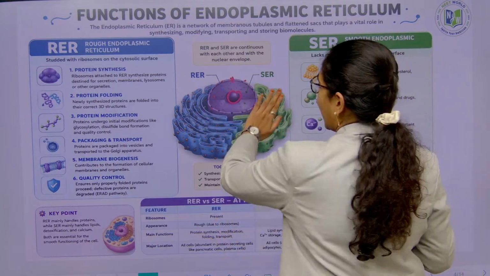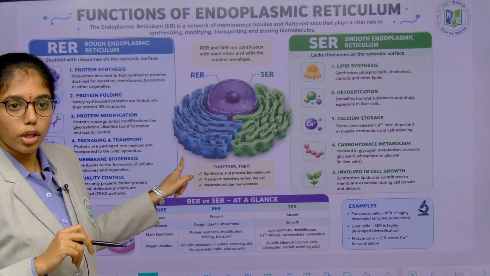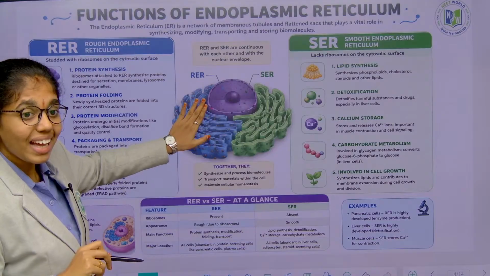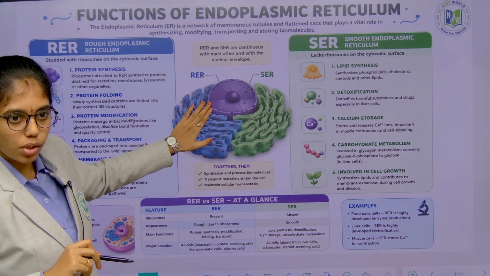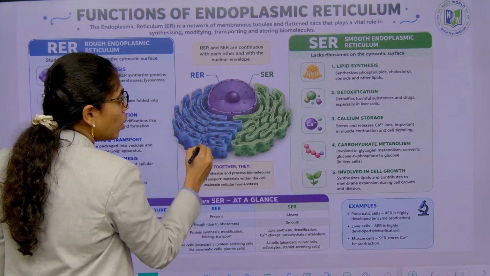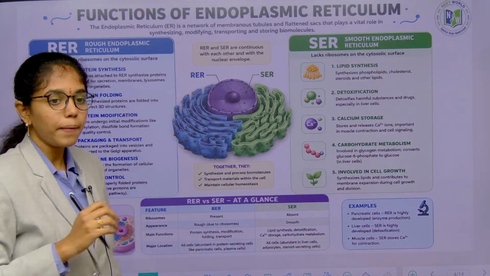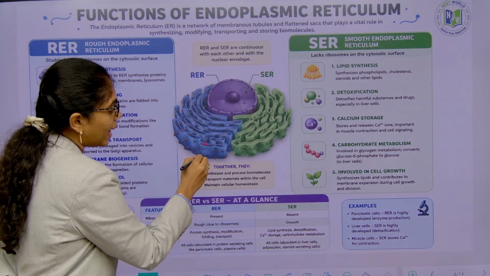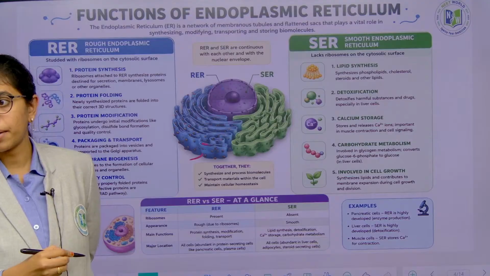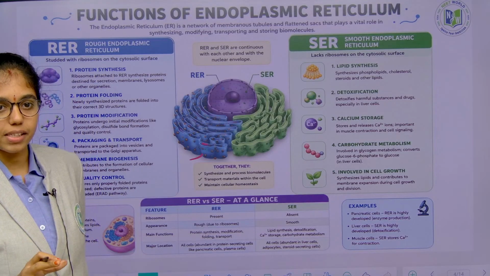From this nuclear envelope, they extend into tubular extensions and form a network of reticulum-like structure. This network divides the cytoplasm into 2 compartments. What are they? Luminal compartment and extraluminal space.